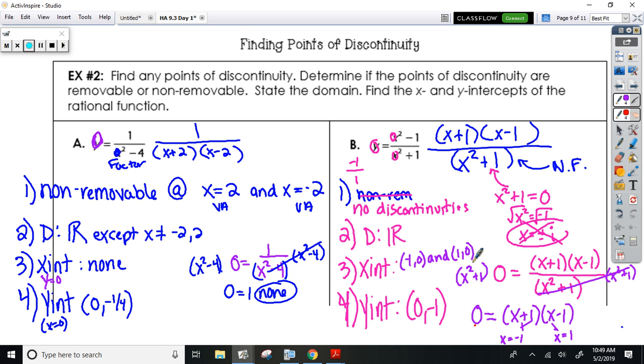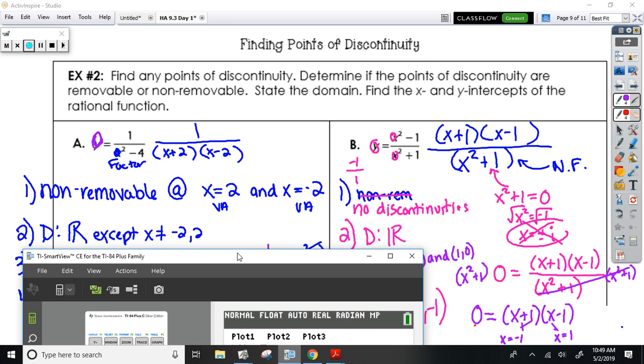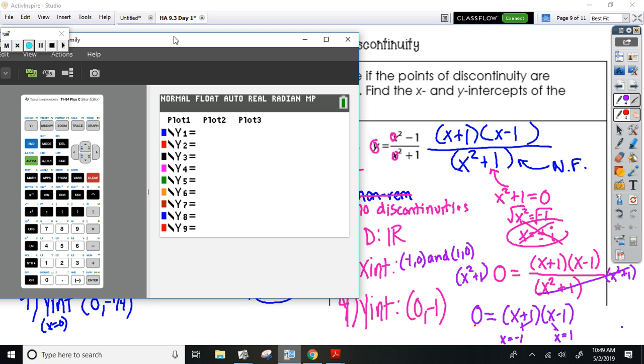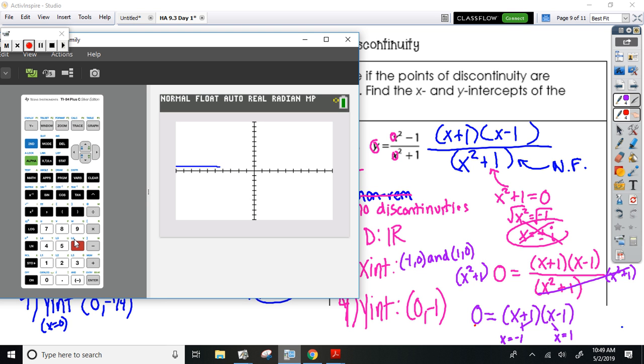And if you want, you can graph that, and you can probably see them faster than doing all that work, too. We have time, let's graph it. Go to y equals and type in the original. You'll need parentheses. Weird looking.